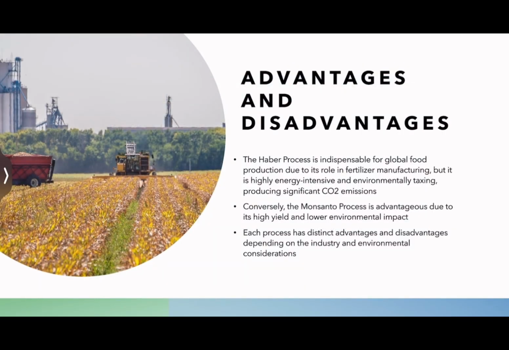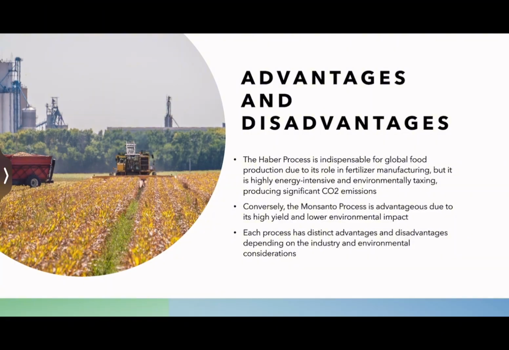So here are the advantages and disadvantages of both processes. The Haber process is very important for global food production due to its role in fertilizer manufacturing. However, it is highly energy intensive and also very environmentally taxing because it produces a lot of CO2 emissions.